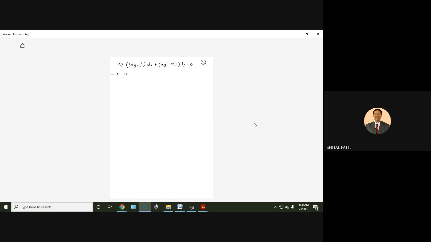Here m equal to 3xy squared minus y cubed. Please make the required change. Del m by del y is 6xy minus 3y squared.